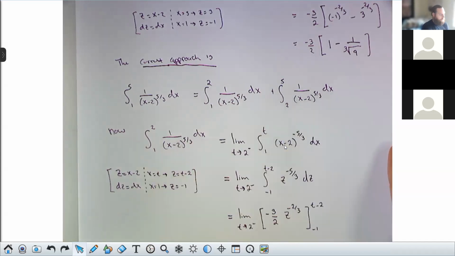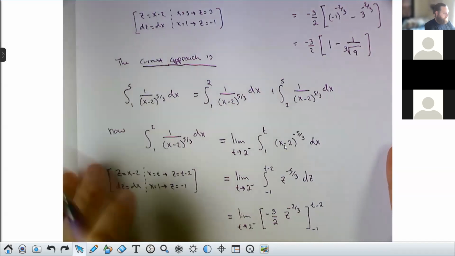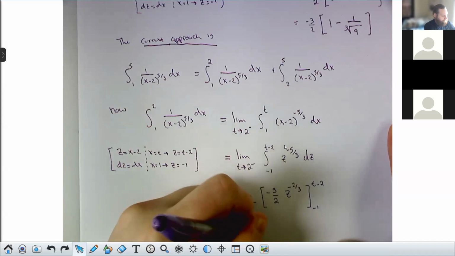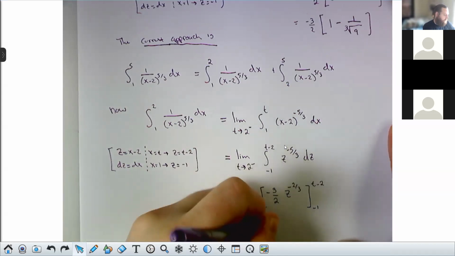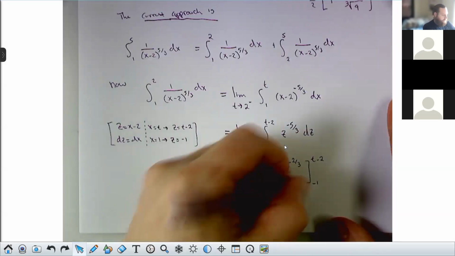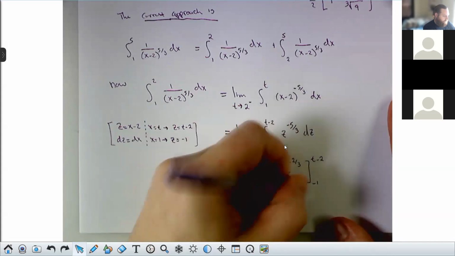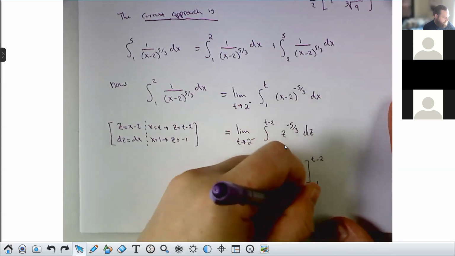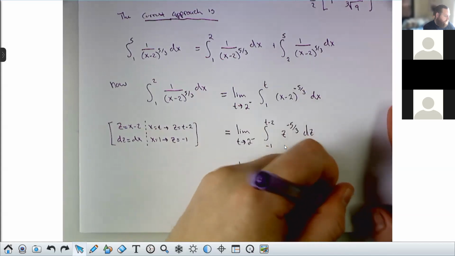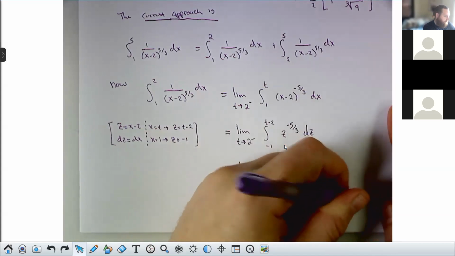The negative 3/2 can pop out. Still have the limit as t goes to 2 from the left. And when I plug in those bounds, we have t minus 2 to the negative 2/3 minus negative 1 to the negative 2/3.